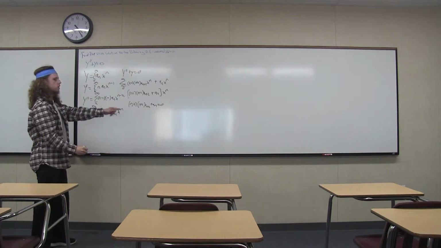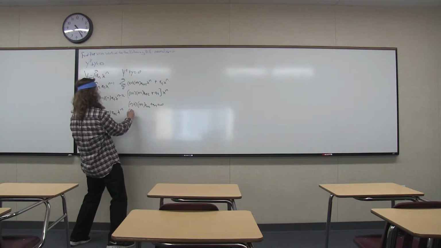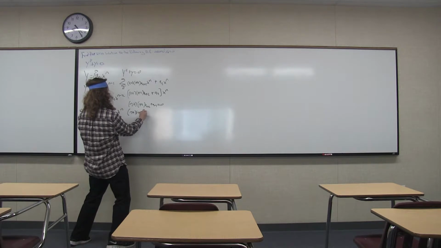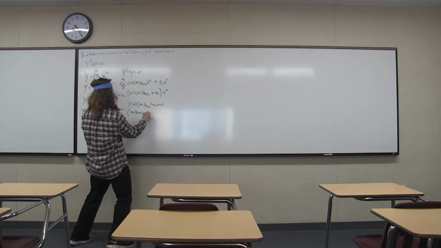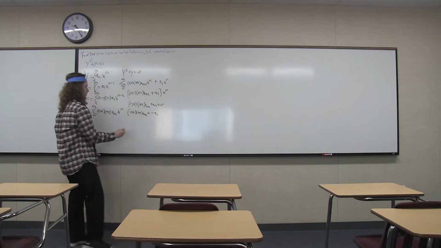And since we have this equality, we can now start putting things on the other side. n plus 1, n plus 2, a_(n+2) equals negative a_n.